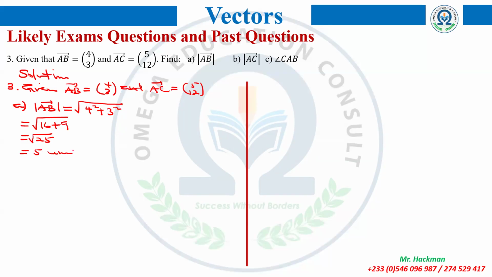Very good. All that I was expecting to hear, I have. At this point you could have drawn your conclusion, but because it is not drawn, you have to have it drawn here. Therefore, the magnitude of your vector AB is equal to 5 units. All correct.